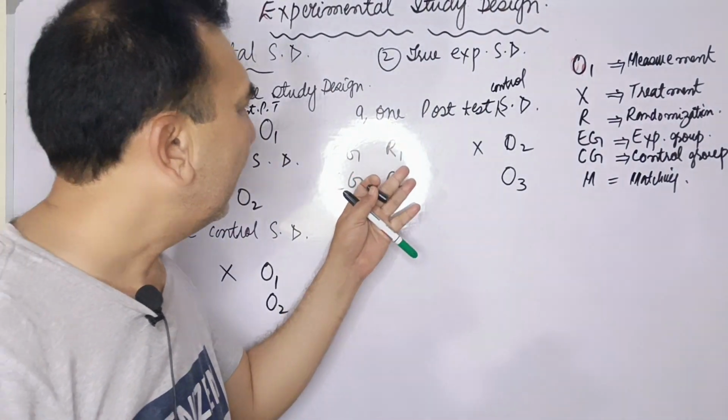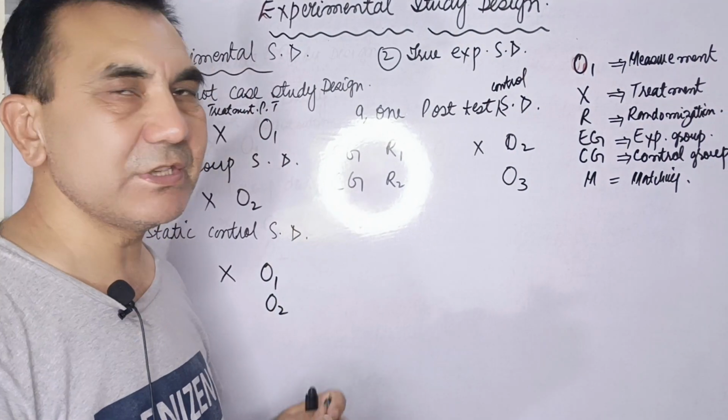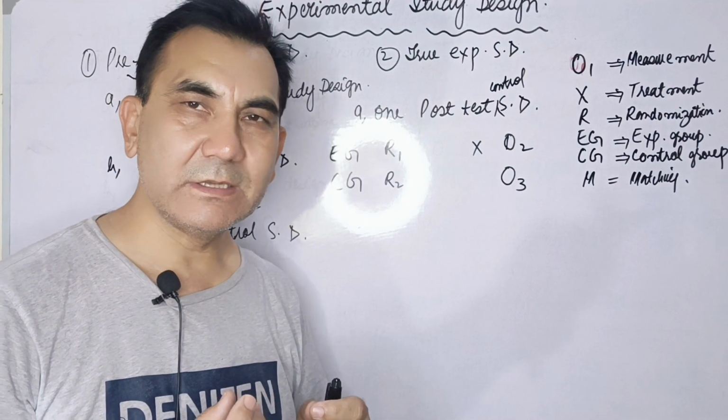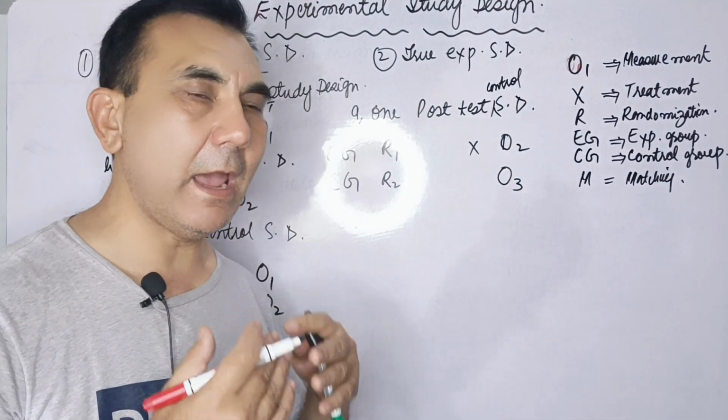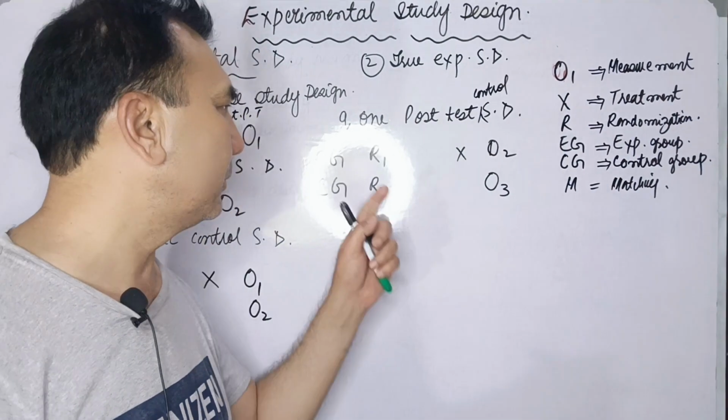So in this post-test control group design, what does the researcher do? As I told you, participants are selected randomly and randomly assigned to the experiment group or the control group.